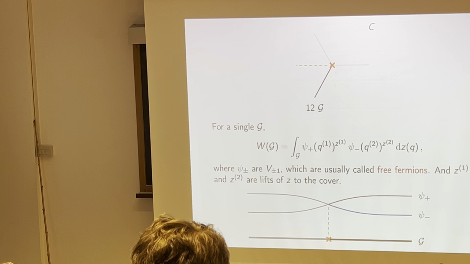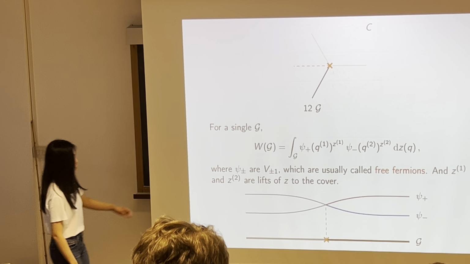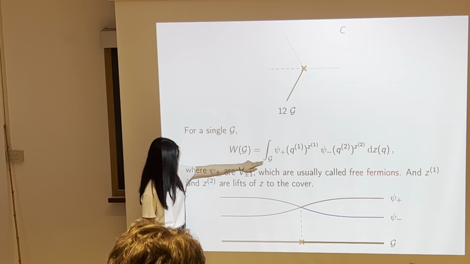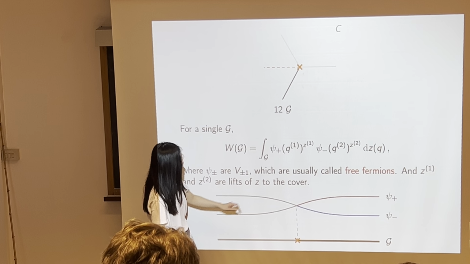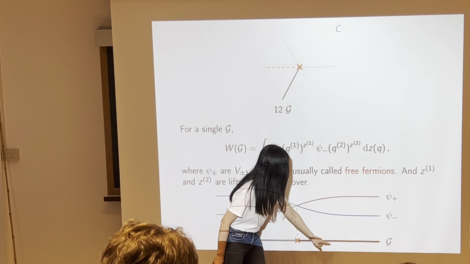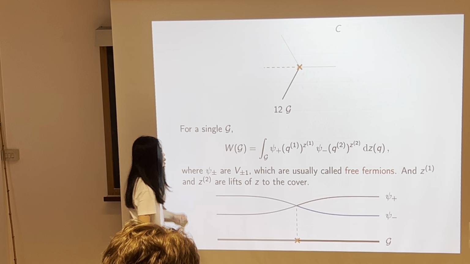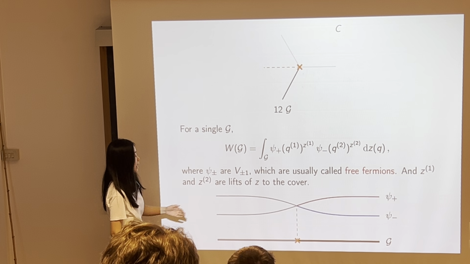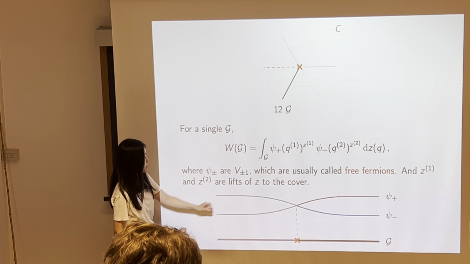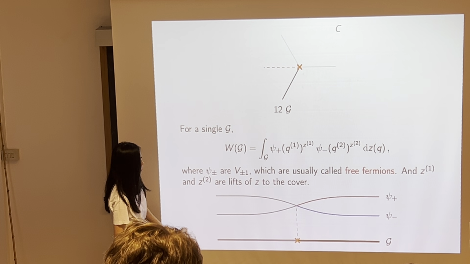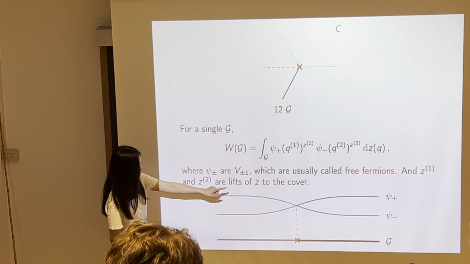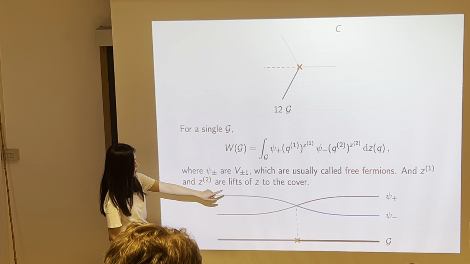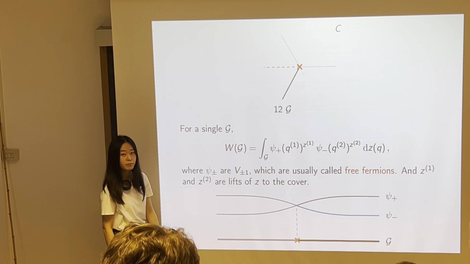If we just look at one of the walls, this W_j has this expression of an integral along this single wall here. So this c_Q is the coordinate of the point Q on the base, but the insertions are actually at the cover. So we will have this Q1 and Q2, which are both of the pre-images, and which order they appear in depends on the label of the wall.